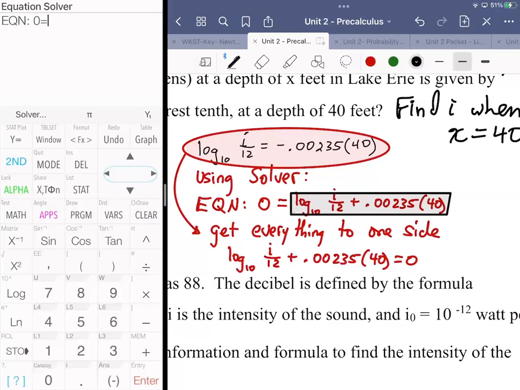So now a log base 10 is the same as saying log. So I could just type in log I over 12, and I'm going to use x. Use whatever variable you want, as long as you're consistent. So then you get all this stuff in there.